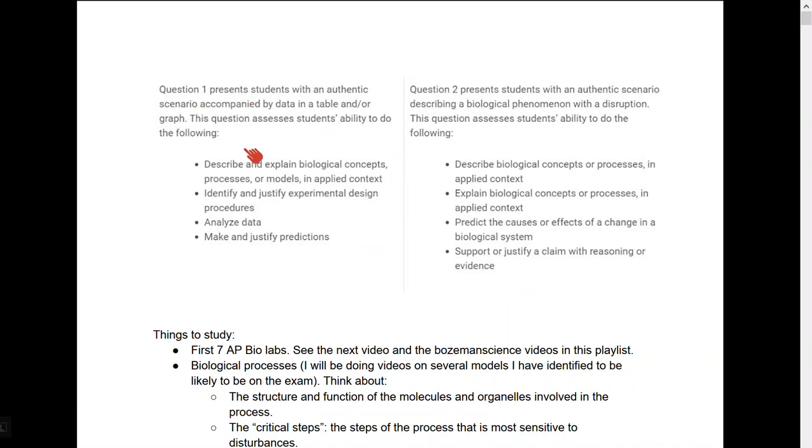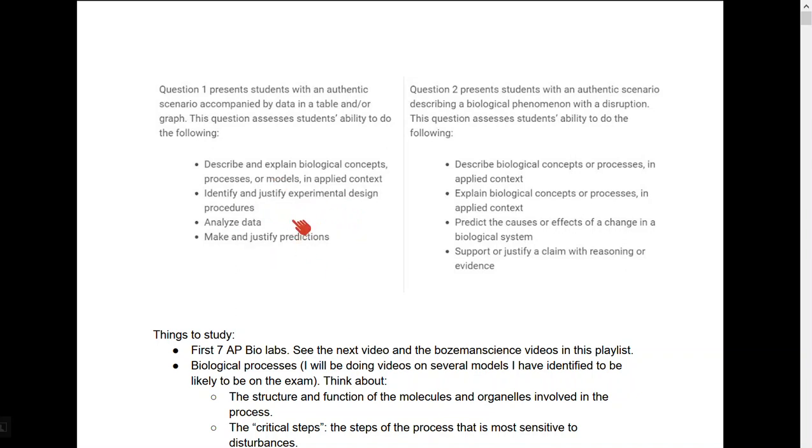So question one, right, is you're going to get an authentic scenario, as AP Biology usually does, a real biological scenario with data in a table or graph, and you will have to describe and explain biological concepts, processes, or models in an applied context. Identify and justify experimental design procedures, analyze data, and make and justify predictions, right?